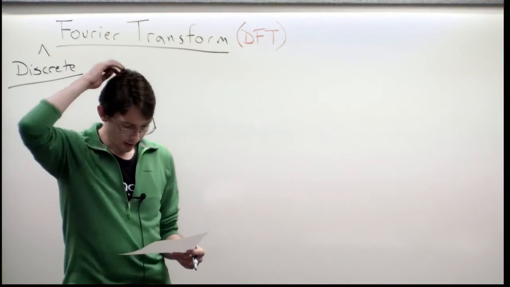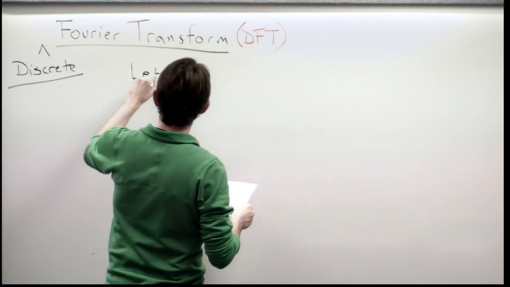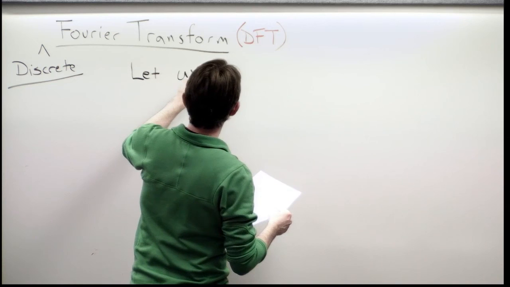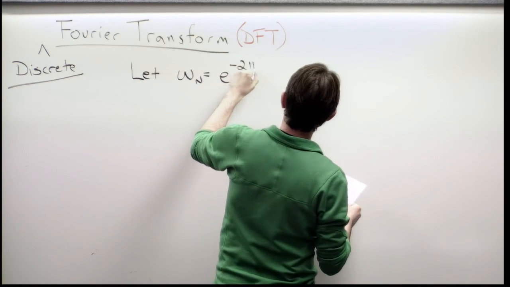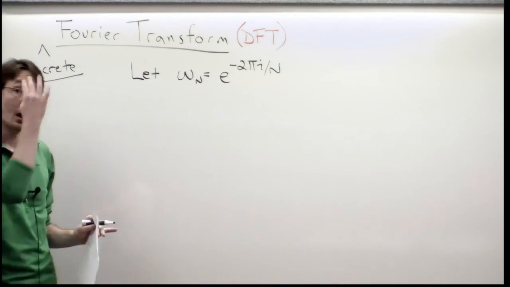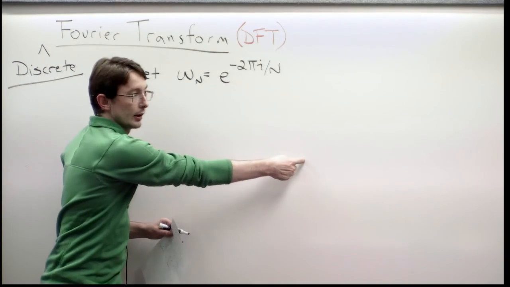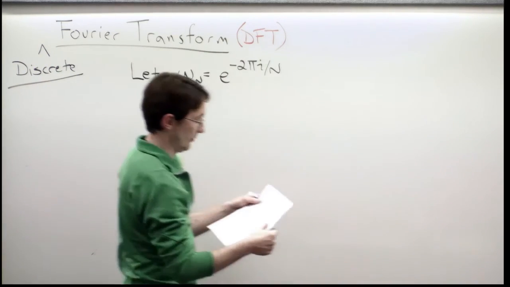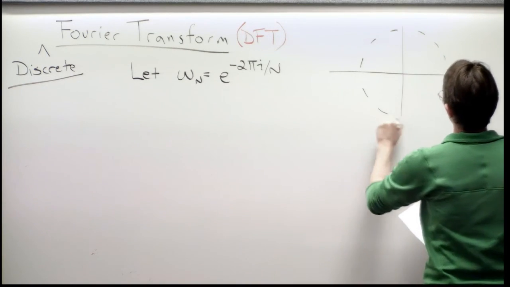Okay, so first of all, I'm going to let omega n equals e to the minus 2 pi i over n. Okay, remember, e to the 2 pi i is a full revolution on the complex circle. I'm just going to draw this out one more time.